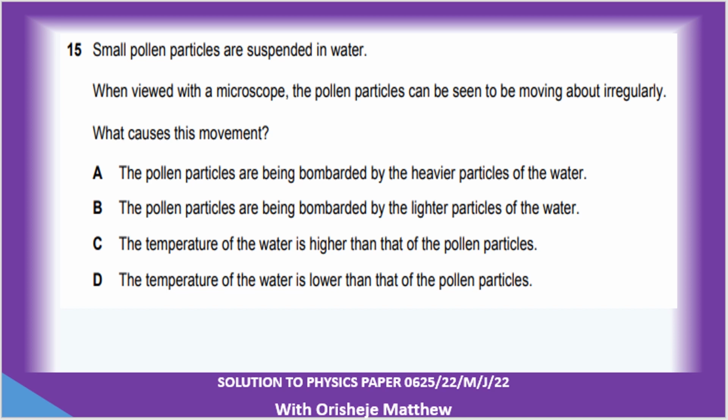We cannot see the water molecules, but we can see the pollen grain. It means that pollen particles are being bombarded by the lighter particles of water. So the answer is B.